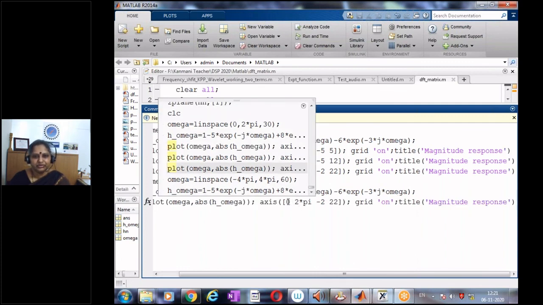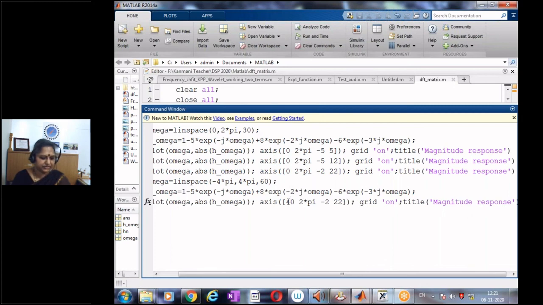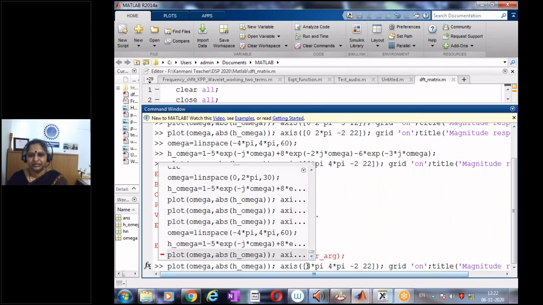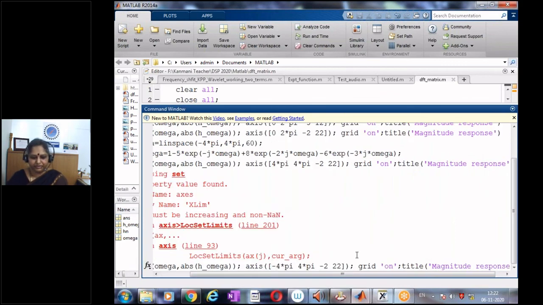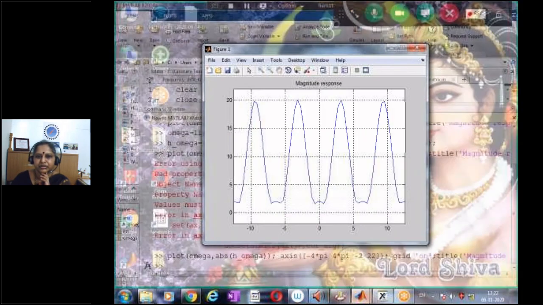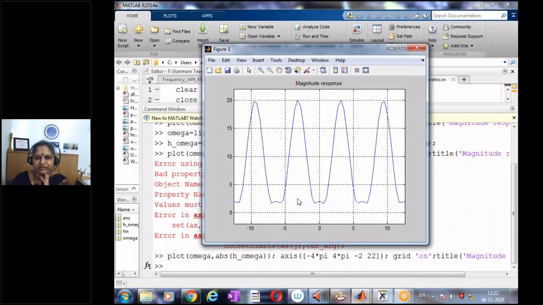Of course, there is no requirement to define the axis. It is just our preference. Otherwise, MATLAB will itself define the axis. So this is the result.